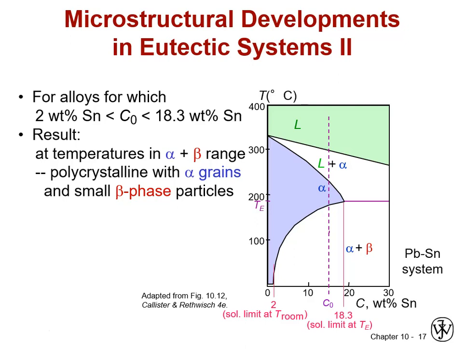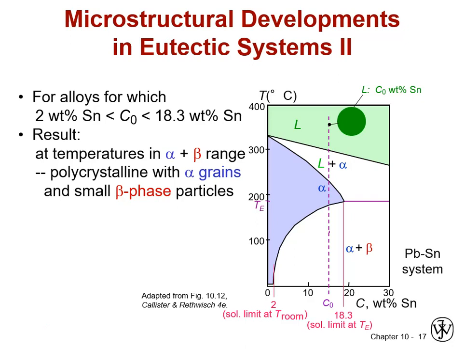So if we cool all the way to room temperature, we would theoretically get an alpha plus beta microstructure, two-phase region. So in this case, we're going to end up with alpha grains with beta phase particles that precipitate at the grain boundaries. So we'll step through how that happens.